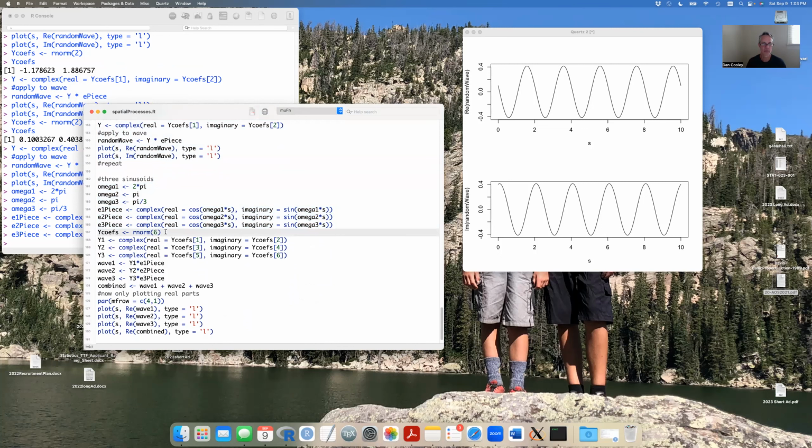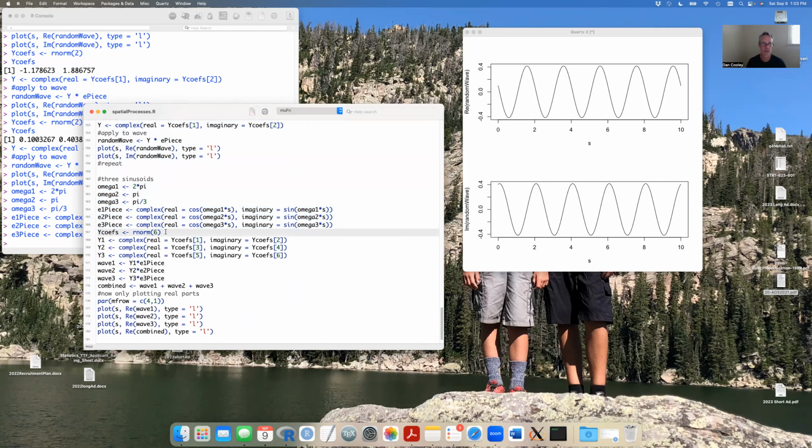So here is my first random wave. Right now, I'm only going to plot the real part. There is an imaginary part that comes along with this. You saw that before, but I'm not going to draw pictures of that. That is also here, however.